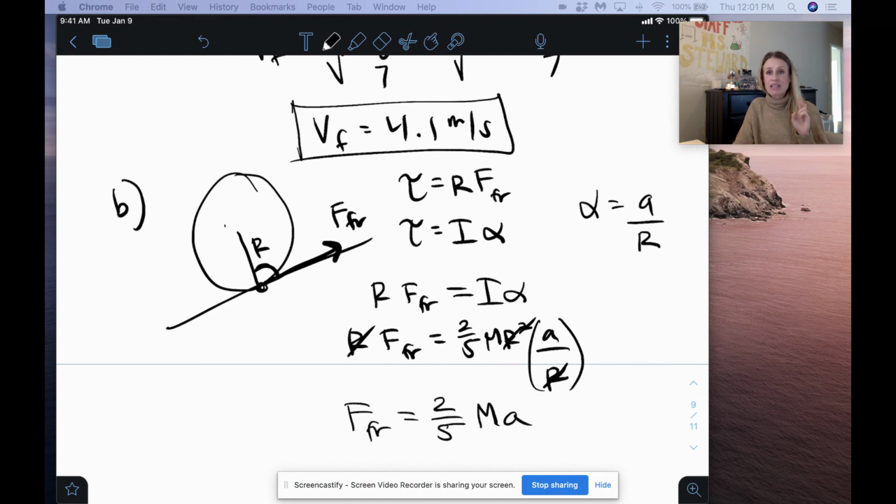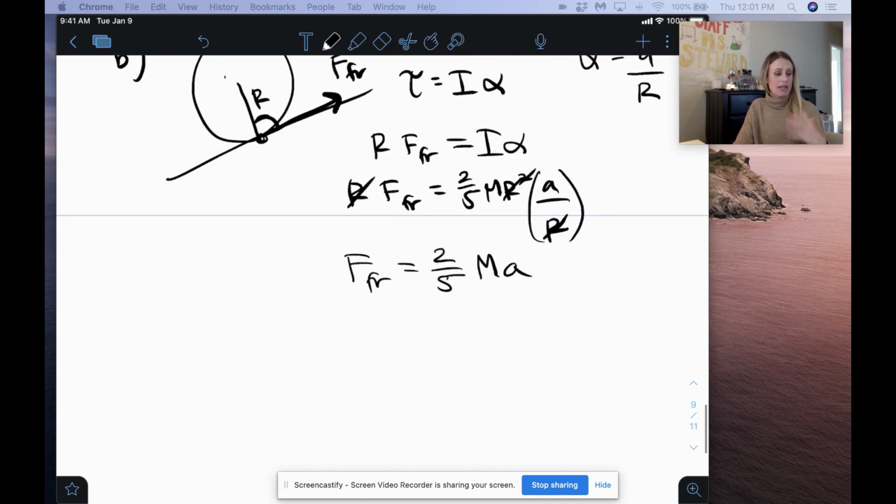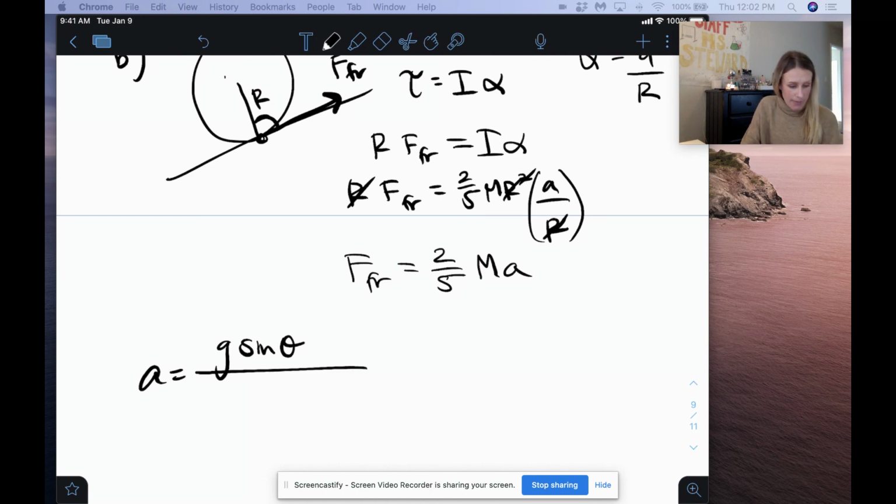Now I know my mass, but I don't know my linear acceleration yet, or the acceleration of the center of mass. So like I said, we can use that equation that we derived in the last video, which is also on page 300. Acceleration is equal to g times the sine of theta, where this theta is the angle of the ramp, over 1 plus I over mr squared.